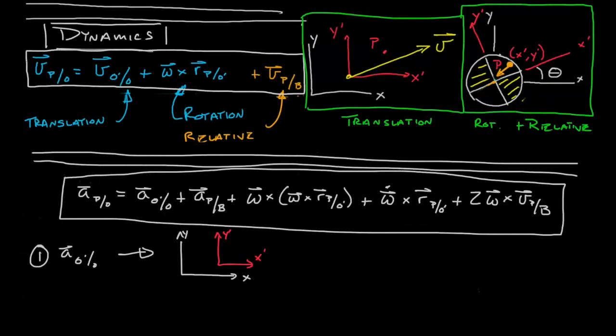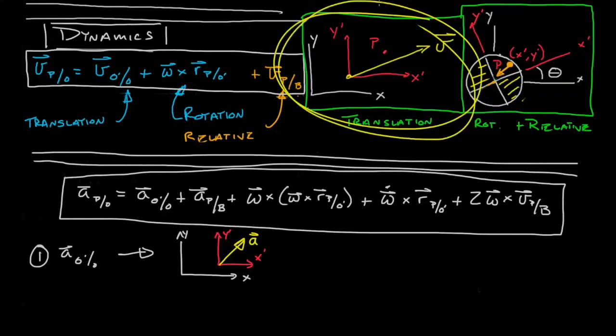And let's say in yellow, x prime and y prime has some sort of acceleration. This term takes into account the linear acceleration of the relative coordinate frame. This corresponds to earlier when we looked at the velocity change due to translation.